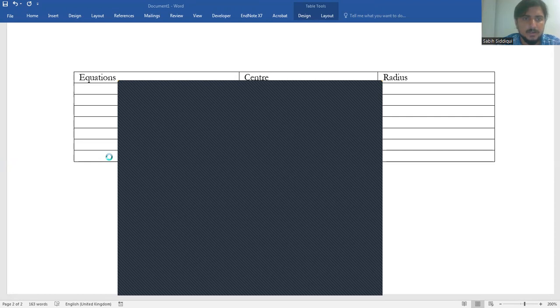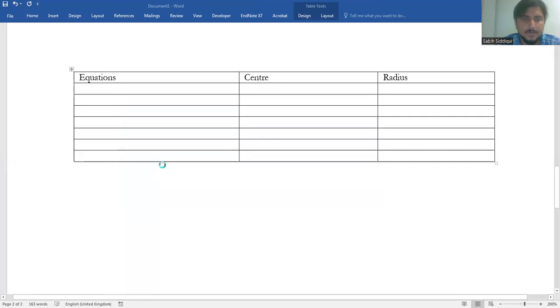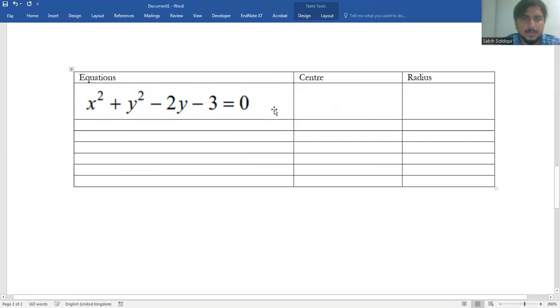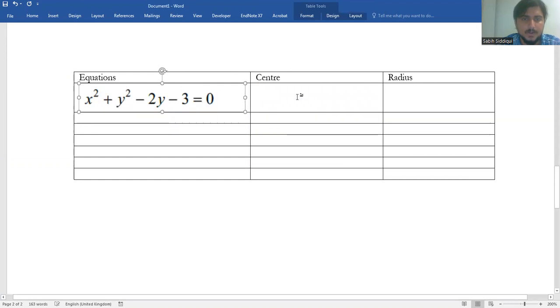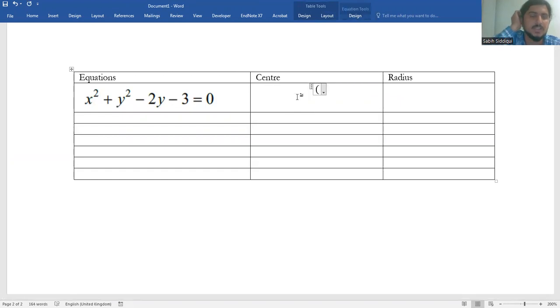I'll take the questions from my worksheet. I have this equation. First of all, what are the coordinates of the center? Take the coefficient of x, there is no x, so dividing by -2 you get 0. You take -2, which is the coefficient of y, and divide it by -2, you get 1. So (0, 1) is your center.